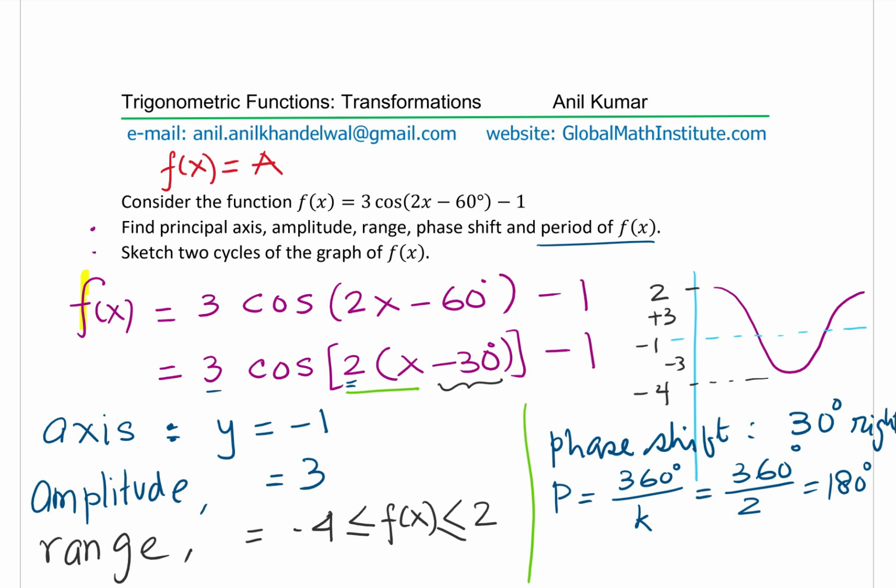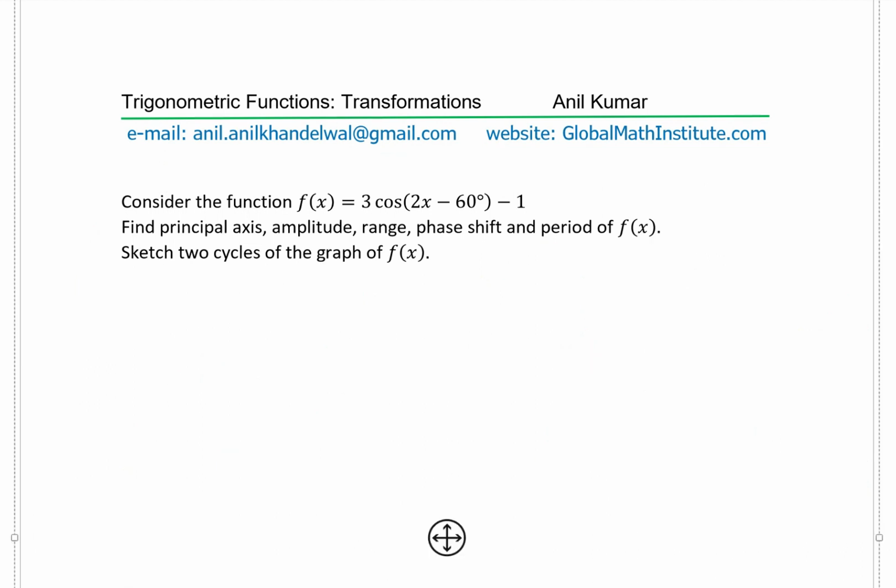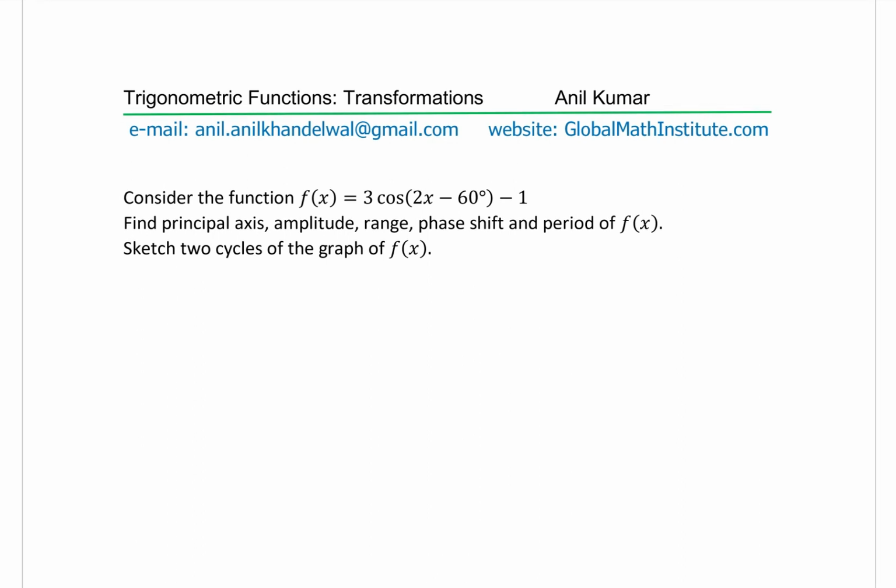So any trigonometric function, let me write cosine here, cos of k x minus phase shift p, plus, let's say, q, translation up and down, the axis. So that is how you could actually describe this particular graph's transformation. Now let's move on and see how to sketch the graph of cosine function.